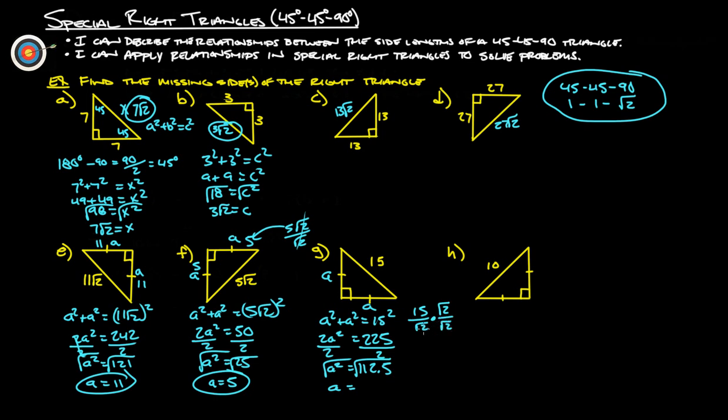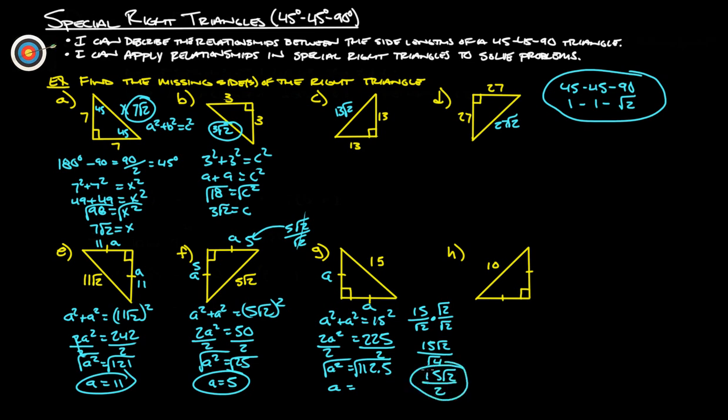The reason why we do that is, again, whatever is on the denominator, this root here, we want to multiply it by that exact same thing, because if you'll notice when we do that, on the top we have 15 root 2, but then square root 2 times square root 2 is the square root of 4, which is 2.